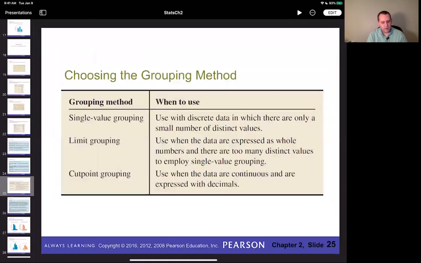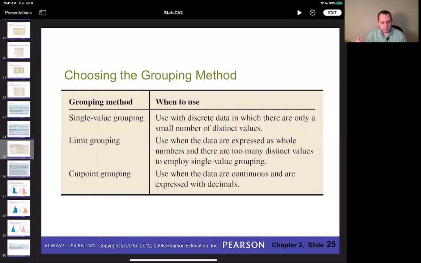All right. Again, when we're talking about grouping, there are different ways to do that. There's single value grouping, which is very frequent. The only thing about single value grouping is that if you have a very large data set, like 10,000 data points and you want to know how many TVs there are in each house, that's probably fine.